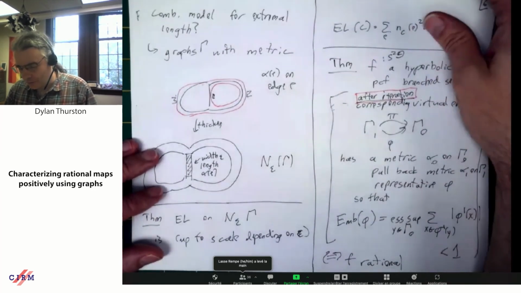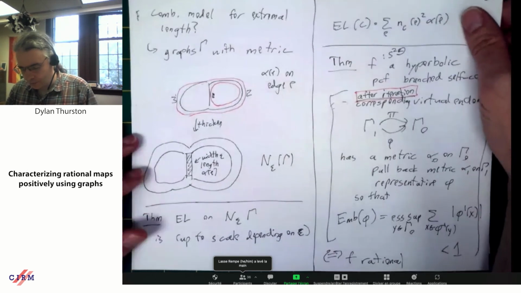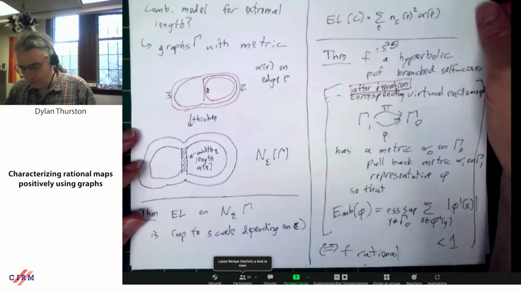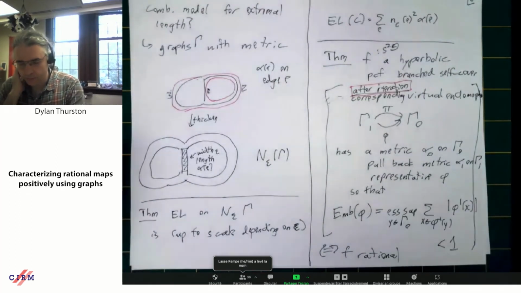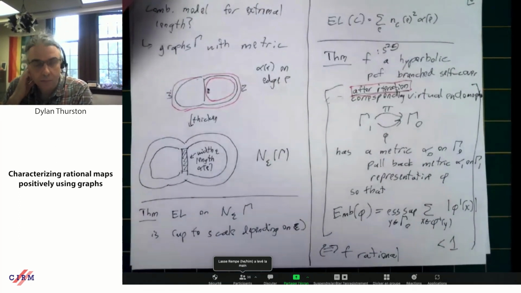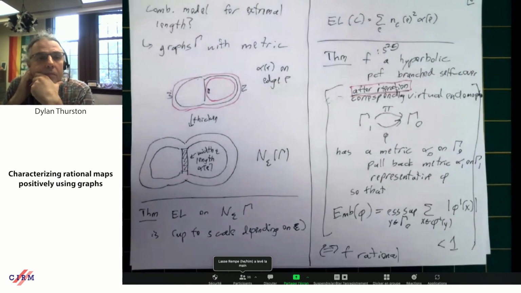What I find striking about this is that there's this different setting of these expanding Thurston maps, with work by Daniel Meyer, Mario Bonk and others, where they have trouble in the other direction, or rather they haven't done the work in the other direction.